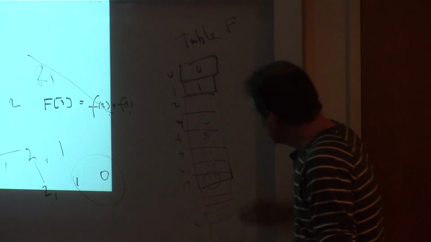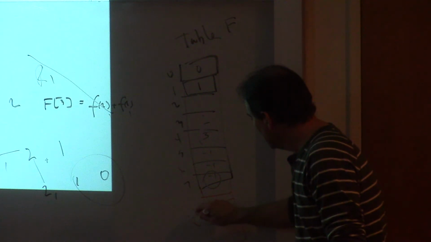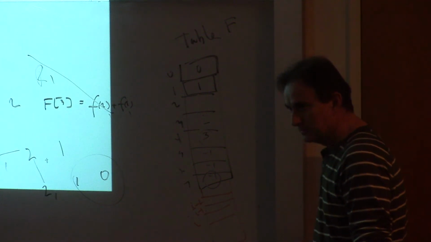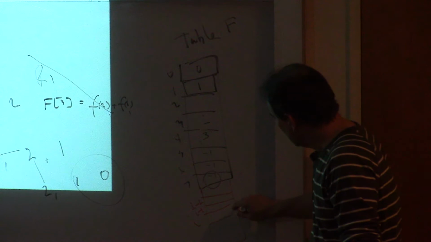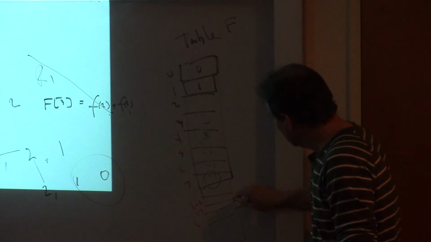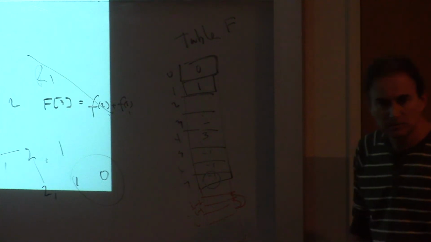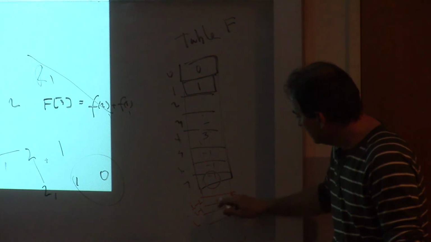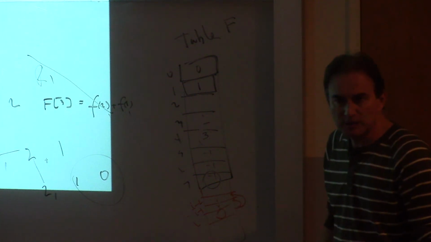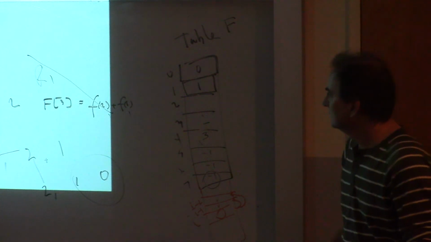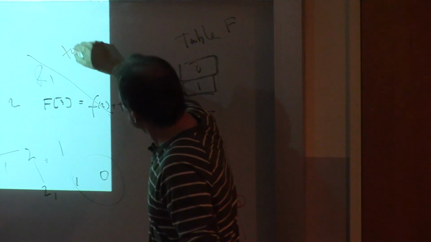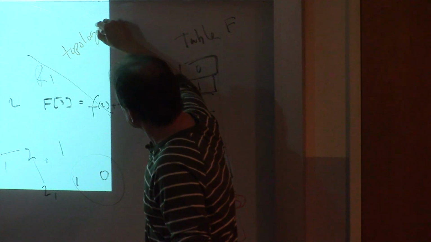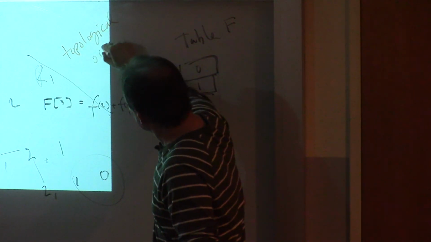What I know is that the dependency here is that the ith Fibonacci number depends on the i minus first and the i minus second. So therefore, if I have these already filled in, then this doesn't need any more processing around. So this is called topological ordering.